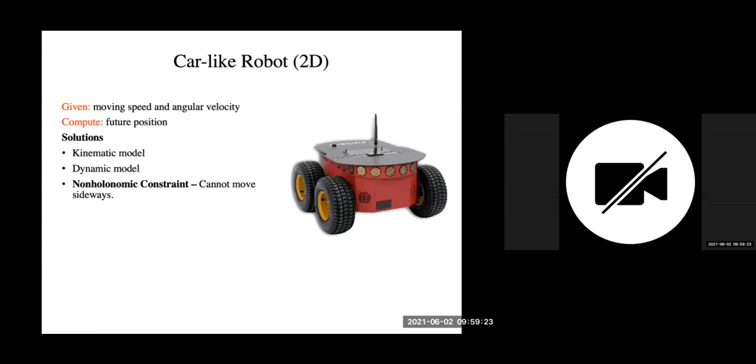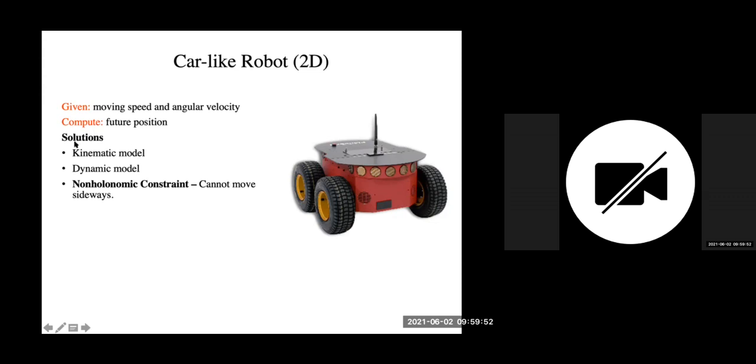The only two controls you have are changing the speed of the car, and turning. That's what you give. And the goal is to compute the future position. If I drive at a certain speed and turn at a certain rate, and given an initial position, can I compute the future position along the way? That's what the modeling part is trying to do.